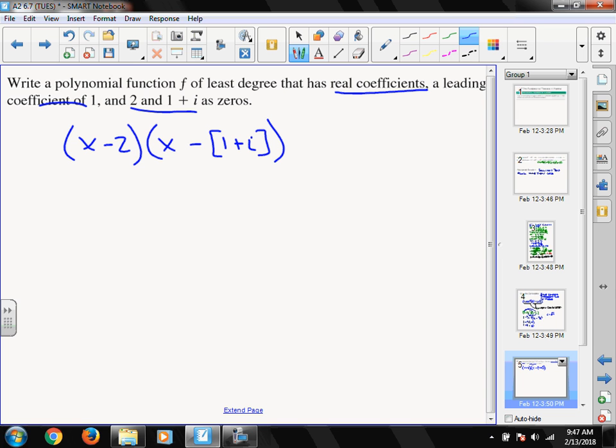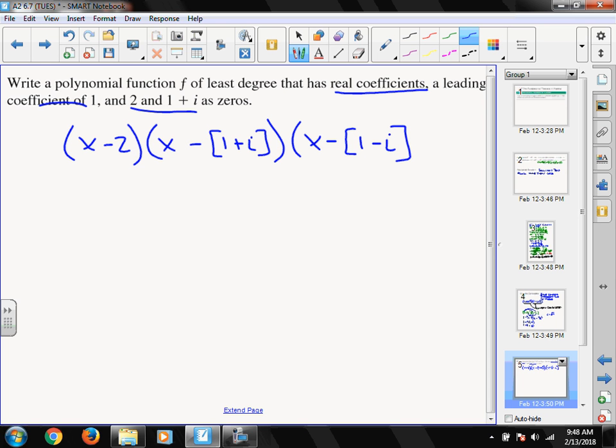In order to get rid of the complex part of this, I'm going to use my complex conjugate. So I'm also going to have x minus 1 minus i.